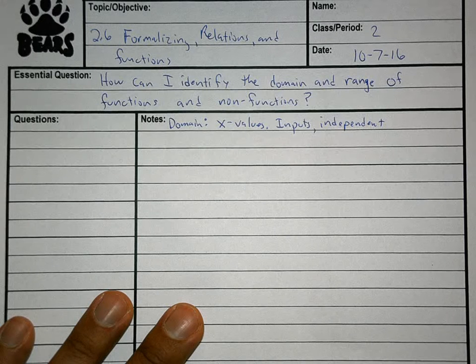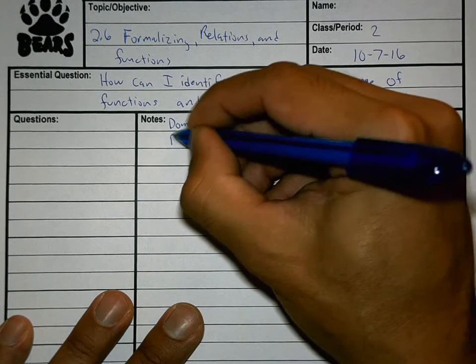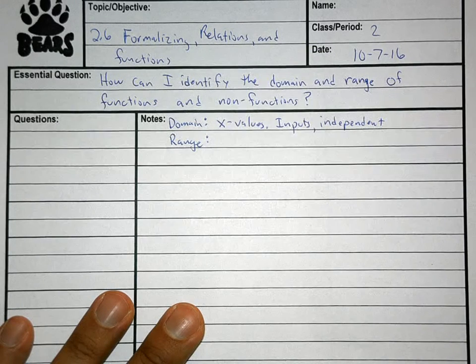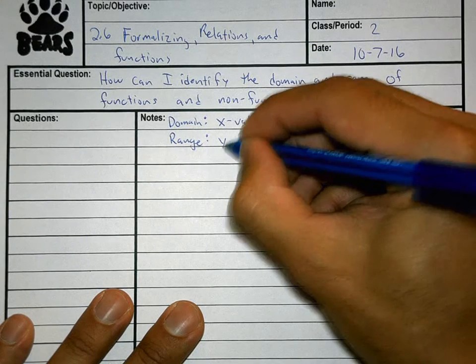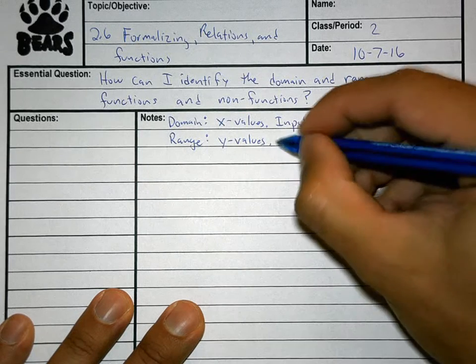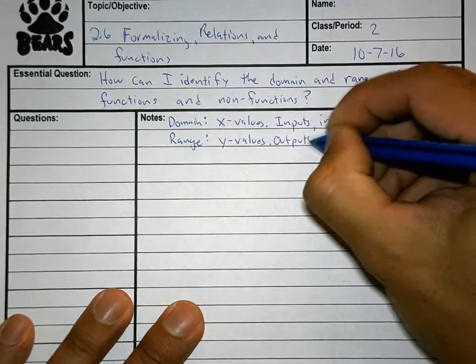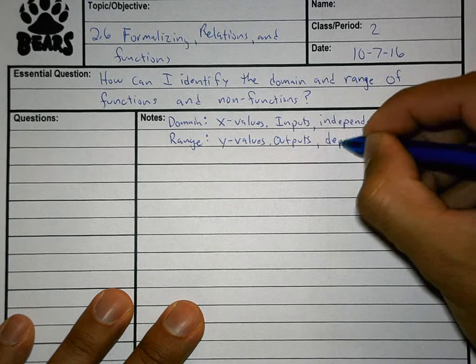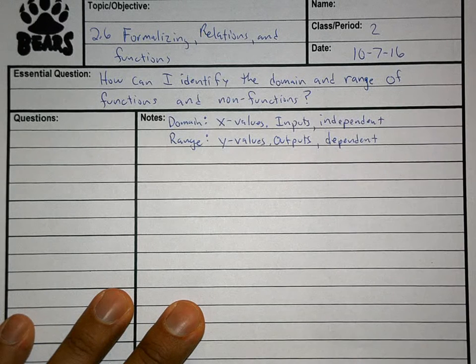Whereas range is your y values. They are your outputs. They are your dependent variables.